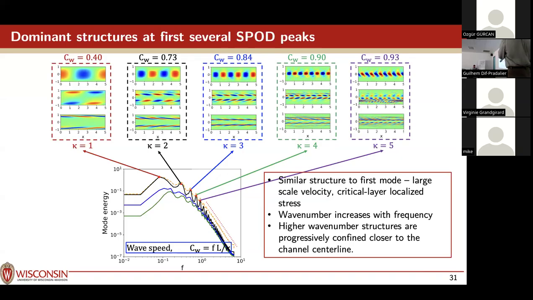The third mode is squeezed a little more. The fourth mode is squeezed a little more, and this fifth mode is very much squeezed toward the center. They all have similar structure to the first mode, but squeezed toward the center, away from the walls.